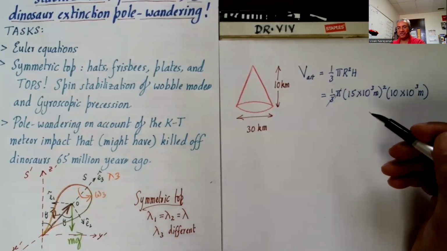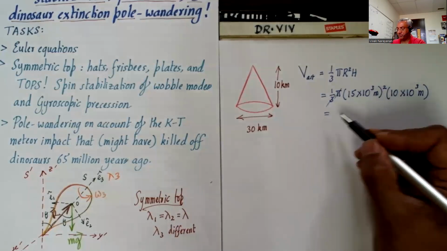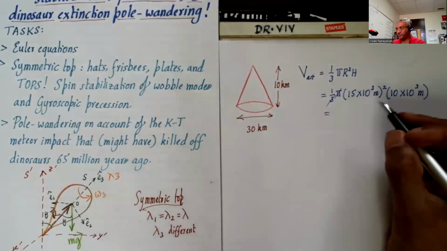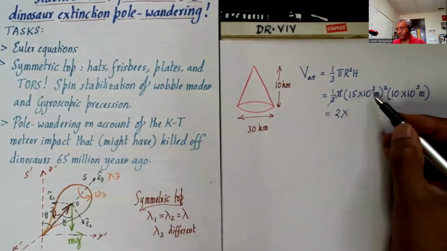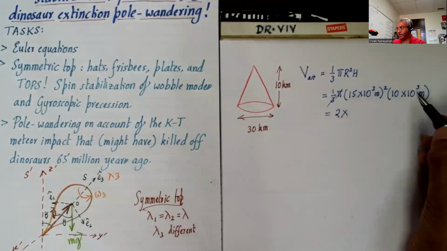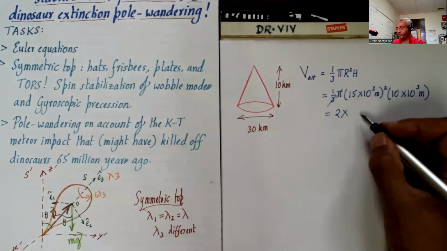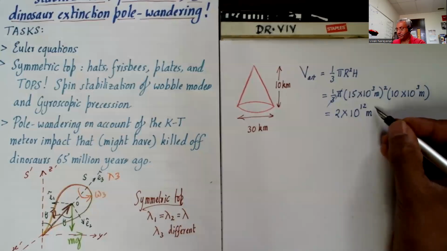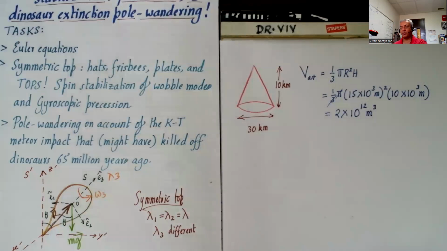This is an estimate, it's not a super detailed calculation. So 1.5 squared is 2.25, which I'm going to write as 2. And then I have a 10 to the 4 here and a 10 to the 4 there. But that 10 to the 4 is squared, so that's 10 to the 8 times 10 to the 4, so that's going to be 10 to the 12 cubic meters. So the volume of the asteroid is 2 trillion cubic meters.